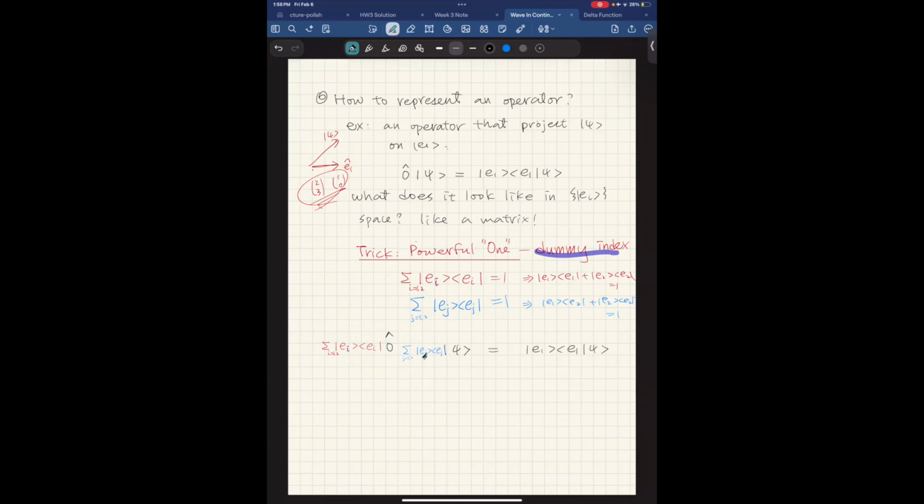I cannot choose this as I. If I choose this as I, I may confuse myself because when I is 1, I will feel like this needs to be 1, 1, and then 1, 1. So I want to avoid that they share the same index. That's why I choose another dummy index. And I can always do that because this dummy index will be dealt with by its summation before it carries any information out of that part.